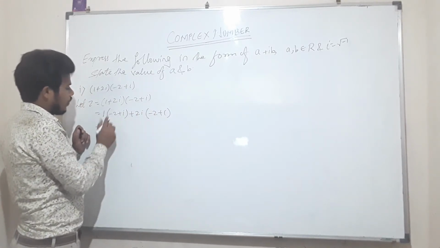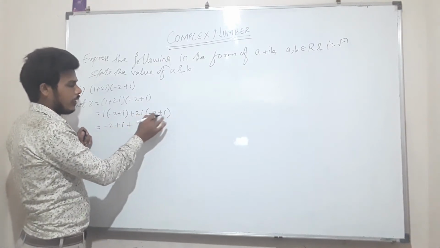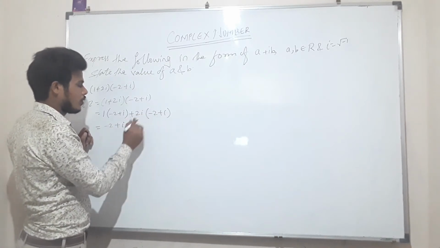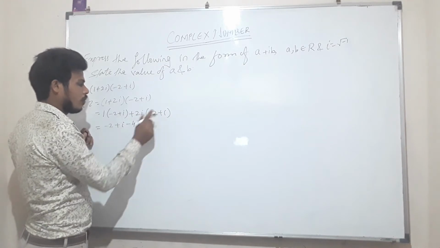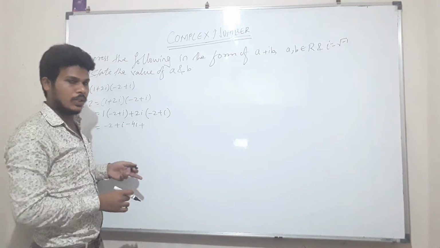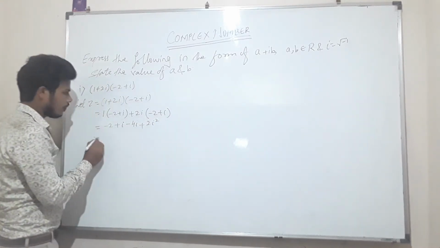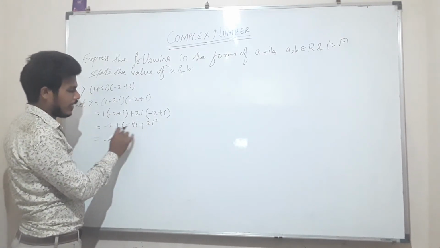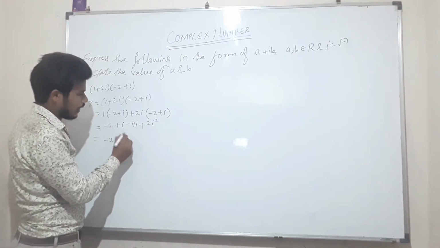So 1 into (minus 2 plus i) plus 2i into minus 2: plus into minus is minus, 2 into 2 is 4, so minus 4i, and plus 2i into i is 2i square. Then minus 2, and i minus 4i is minus 3i.